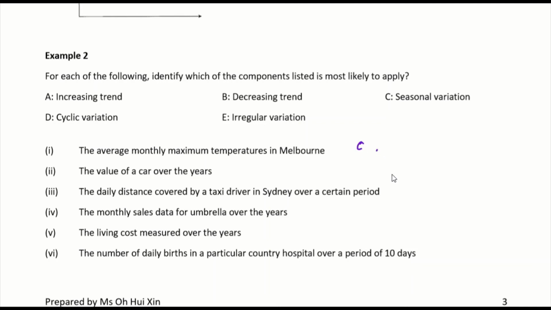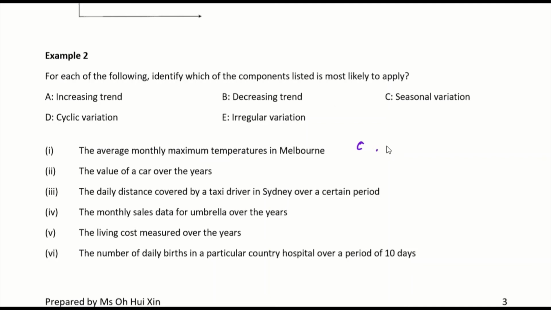Okay. Second thing, if you think further, you'll realize that we have this global warming effect on our Earth now. So if we observe the temperature in the long run, you'll be able to realize that the temperature over the years will actually become higher and higher because of this effect.